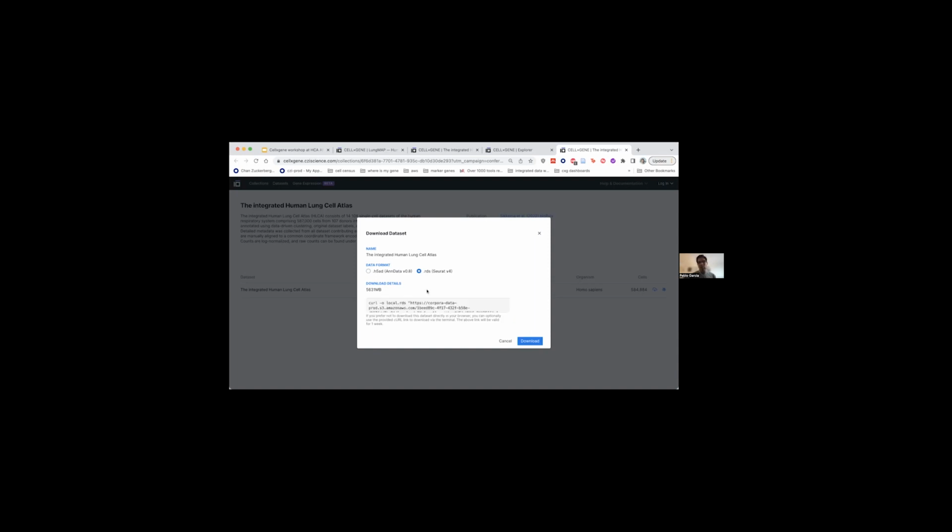And then you can either download it via the terminal or directly from the browser by clicking here on download. I'm not going to start the download now because that's probably going to eat up a lot of my internet. Okay, so that's in terms of browsing and learning more about the data, as well as downloading the data.